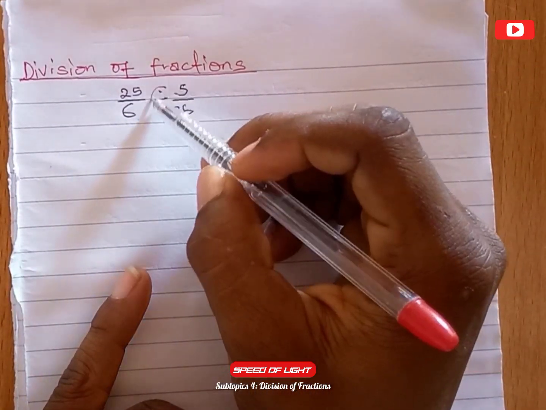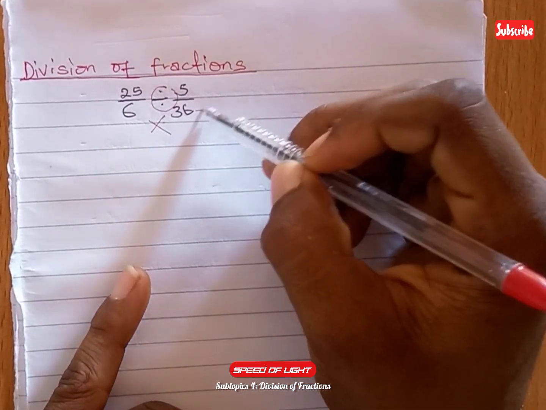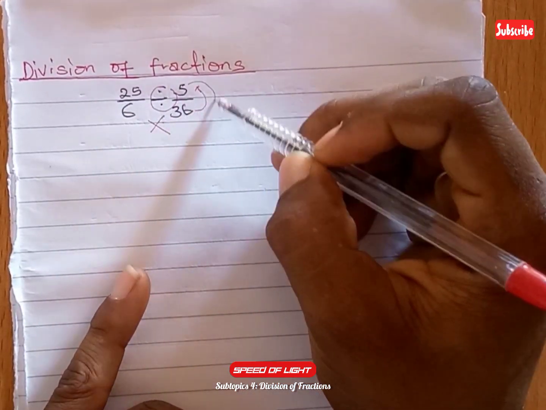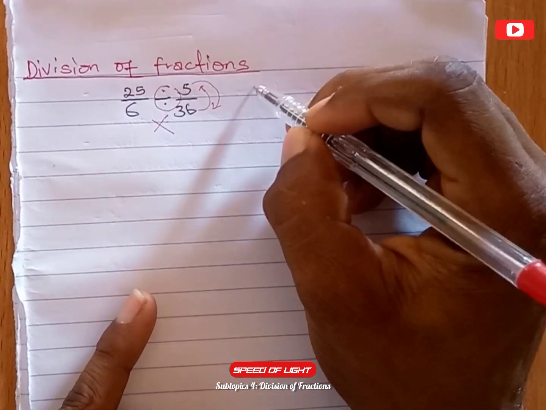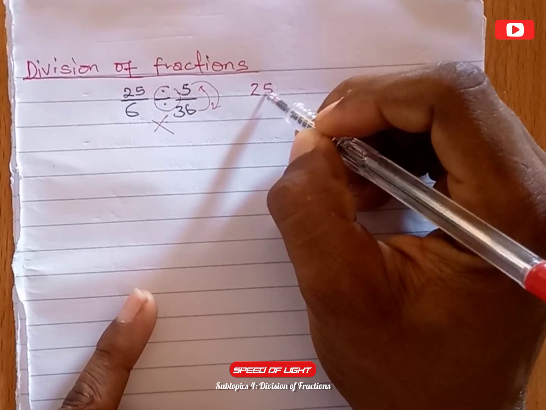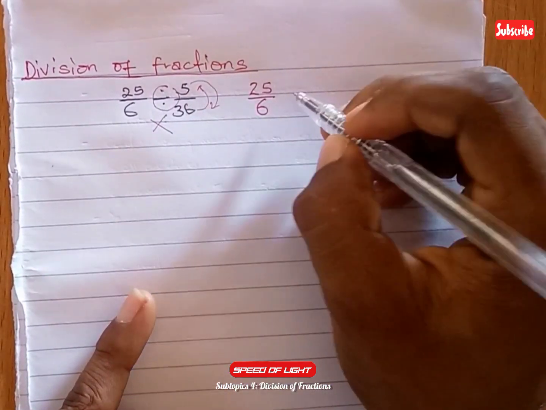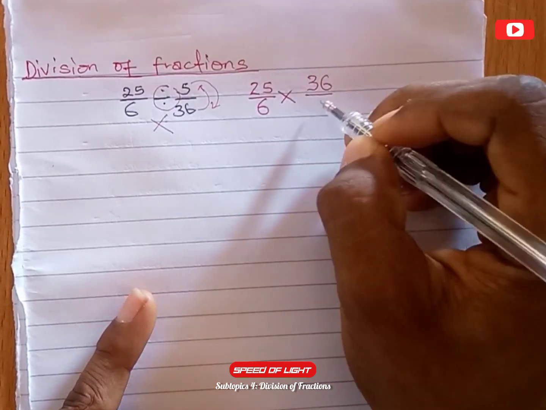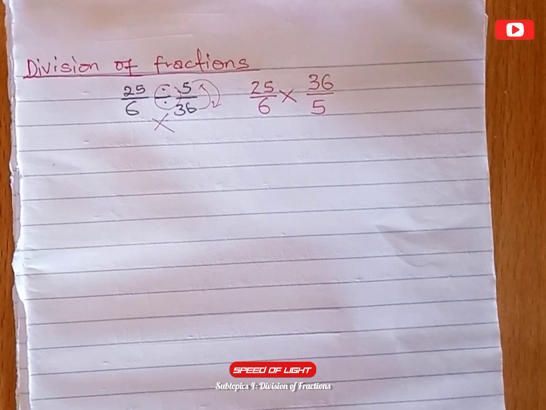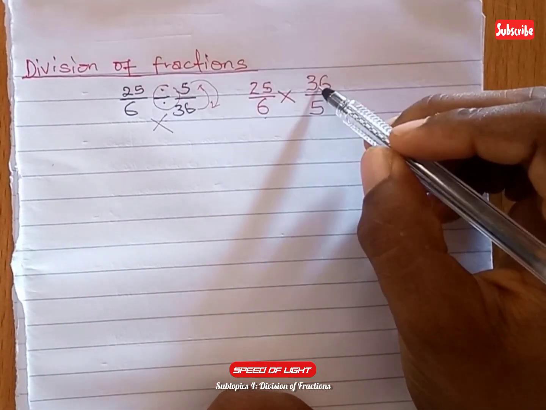Okay, let's see that. We're going to change this symbol to times. And we're going to take this guy up and bring this guy down. So let's do that now. We would have 25/6, which doesn't change, times 36/5. Did you see that? 5 can go into 25 and 6 can go into 36.